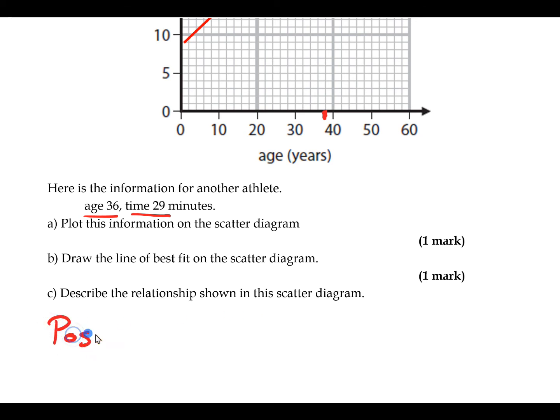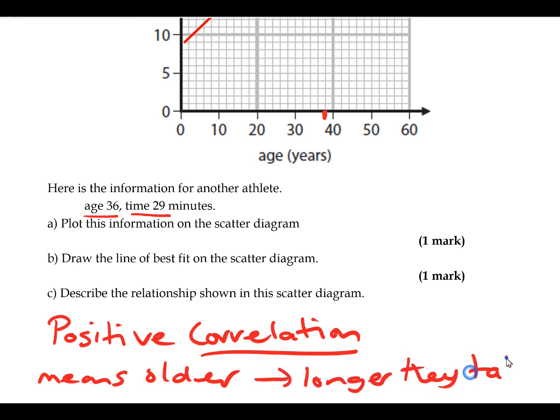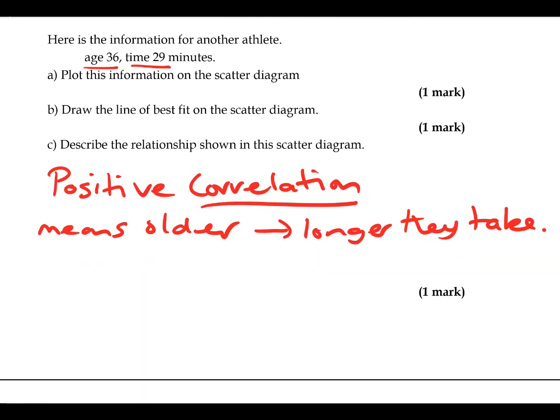It shows positive correlation, and this is the buzzword they're looking for, that relationship, and it means the older somebody is, the longer they take. And again, that is worth 1 mark.